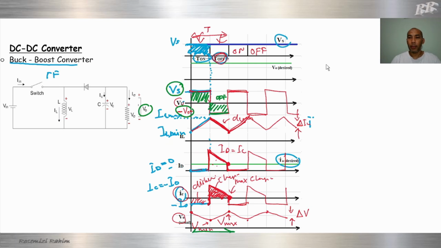Now we are going to derive the equation for the inductor. Okay, we know that VL is equal to L di over dt. So we consider during switch on, during T on.